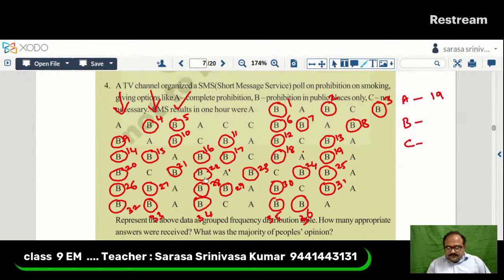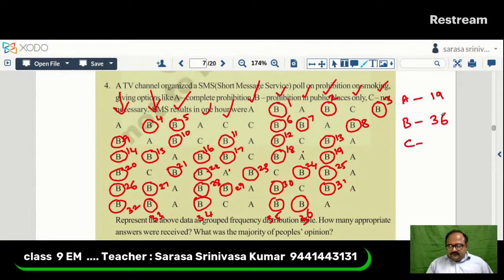Fourth, fifth, sixth, seventh, eighth, ninth, tenth columns are verified. Last column is also verified. So how many B's are there? Here we observed 36 B's.